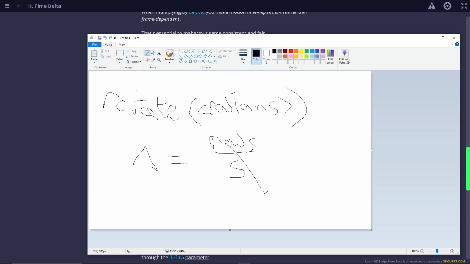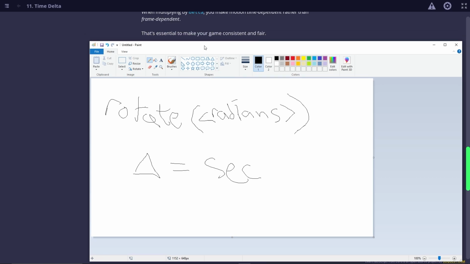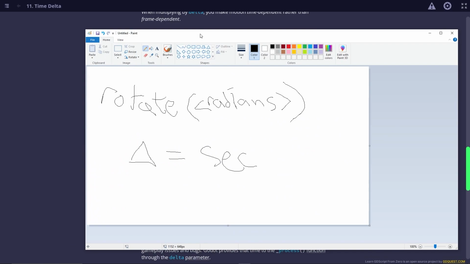Delta equals seconds. Sec. Okay, that's good enough. And then the other number is radian. What was it again? Angular speed.